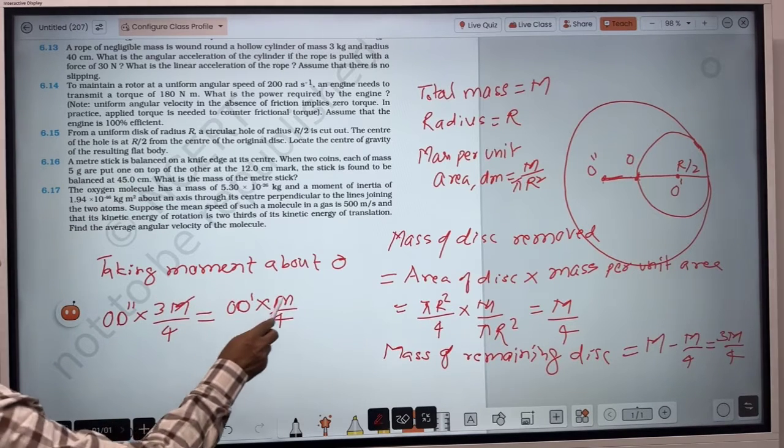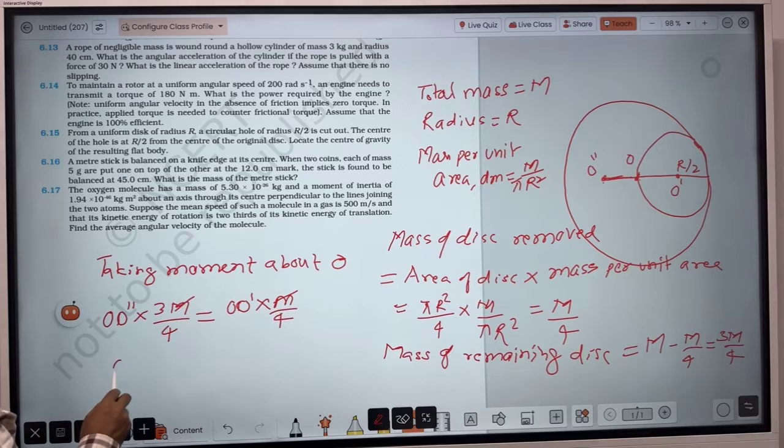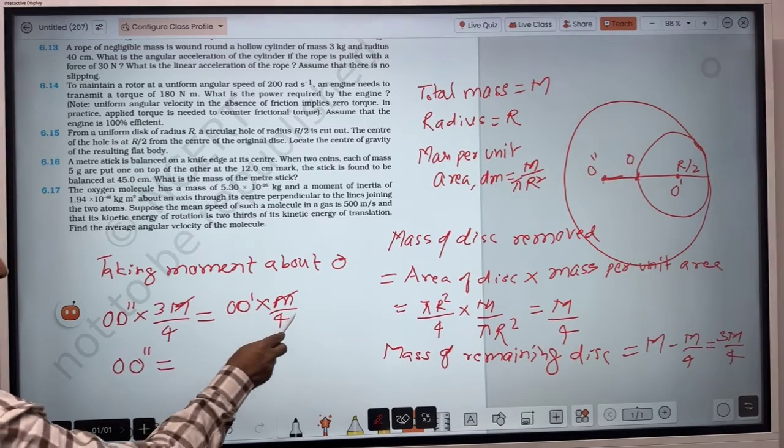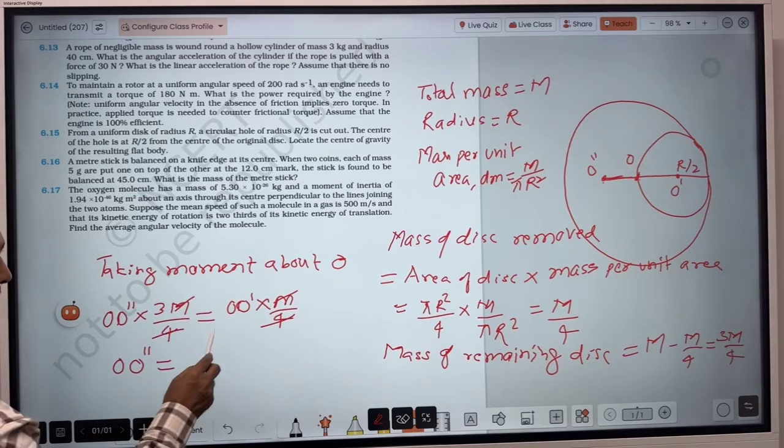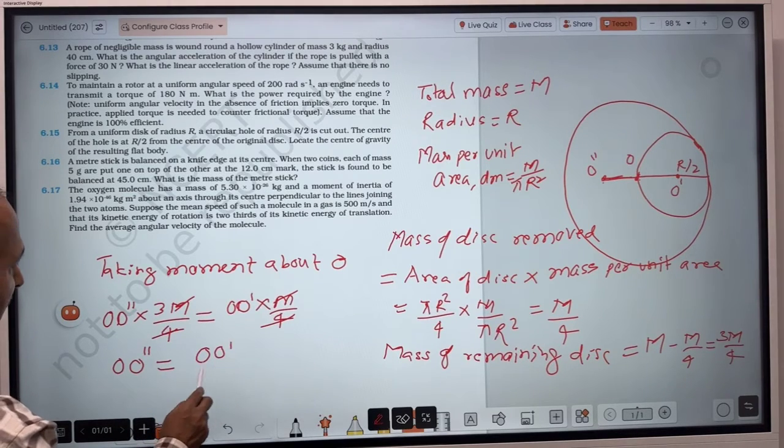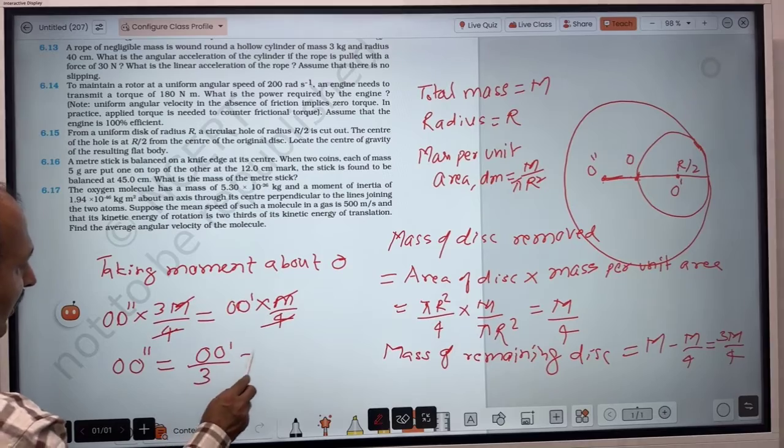From here M will cancel out, and 4 will also cancel out. So we will be left with OO dash divided by 3.